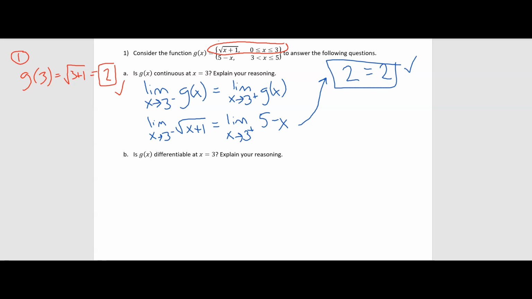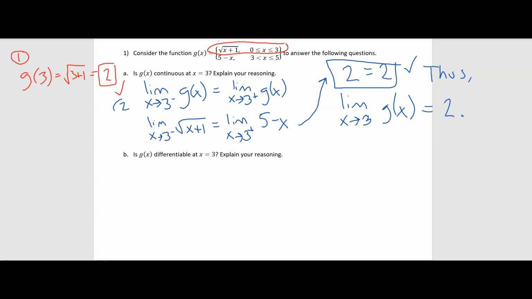We also need to write a quick sentence that says, thus, the limit as x approaches 3, no one-sided plus or minus here, of g of x is equal to 2. Again, you want to check the one-sided limits, but then you also want the AP reader to know that that means the actual limit exists.